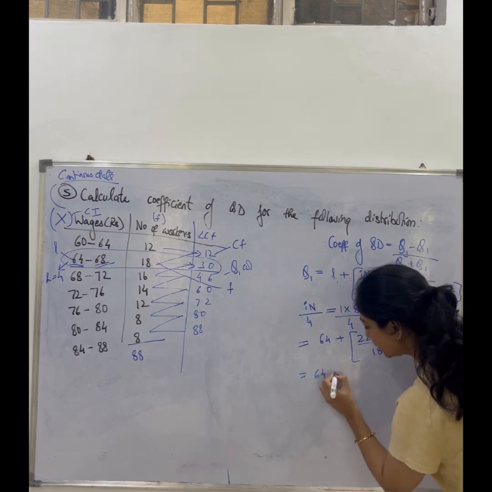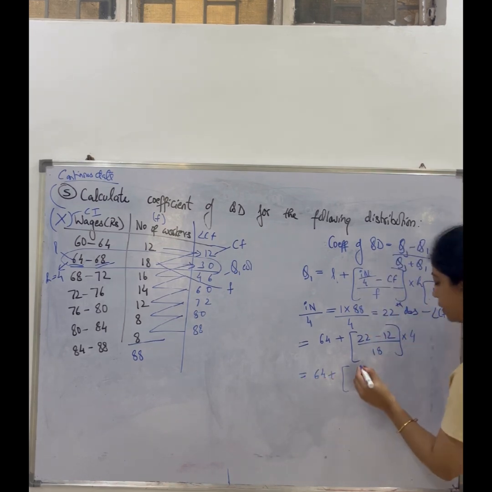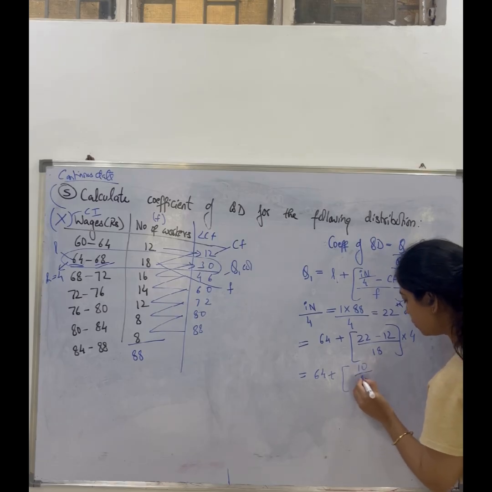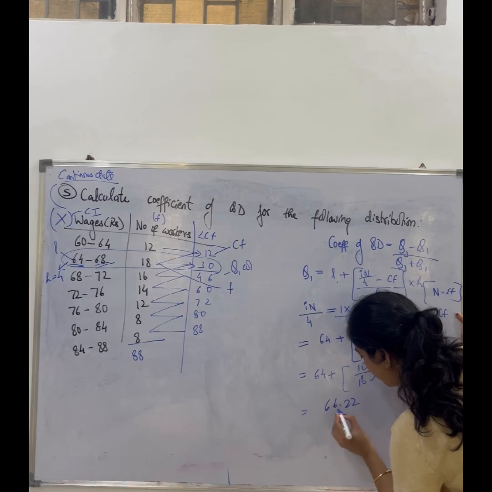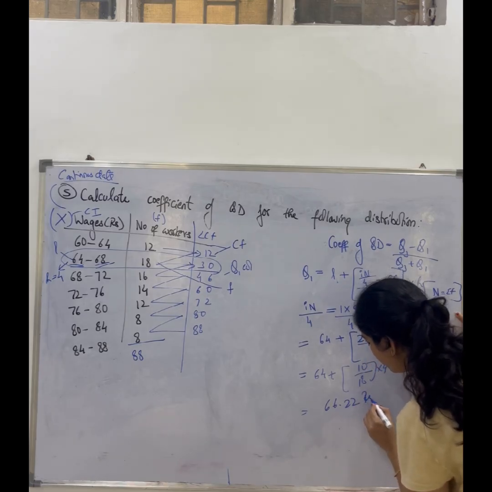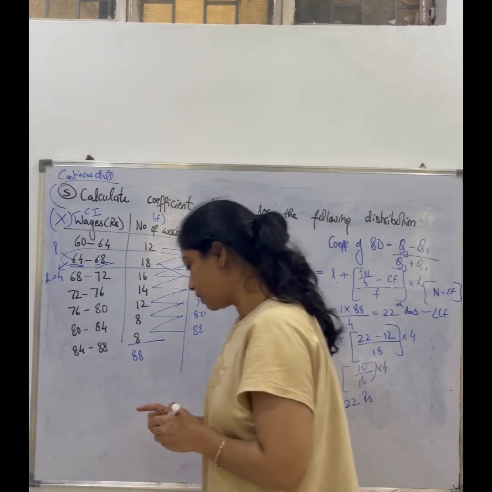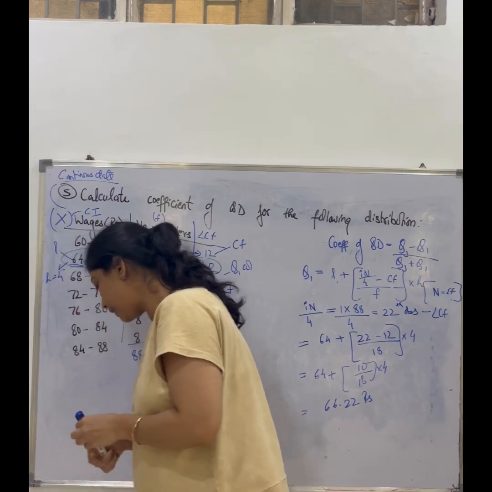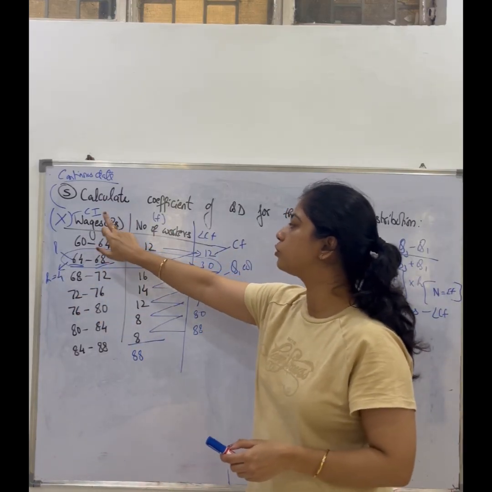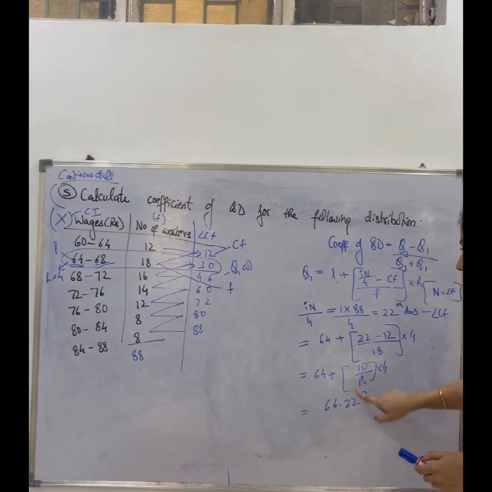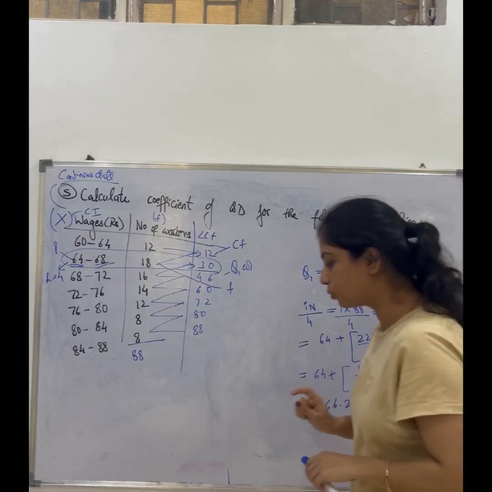After calculating this, you need to write down the answer which you get, and the answer is 66.22 rupees. Okay, since they have mentioned the units, you are supposed to mention the same units while writing your answer. So the value of Q1 here is 66.22 rupees. Let's calculate your Q3 value now.